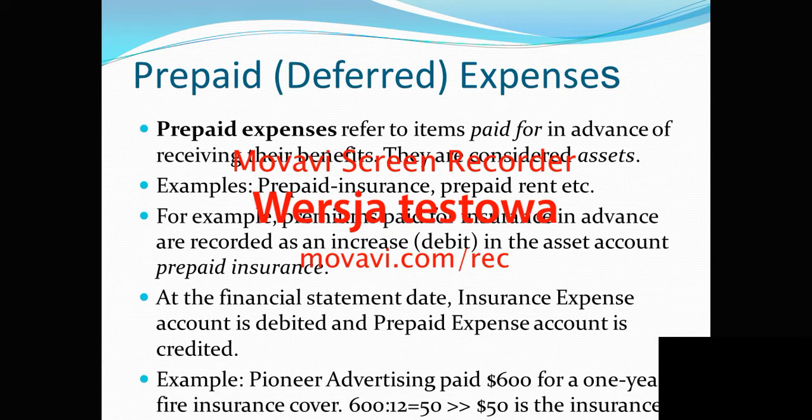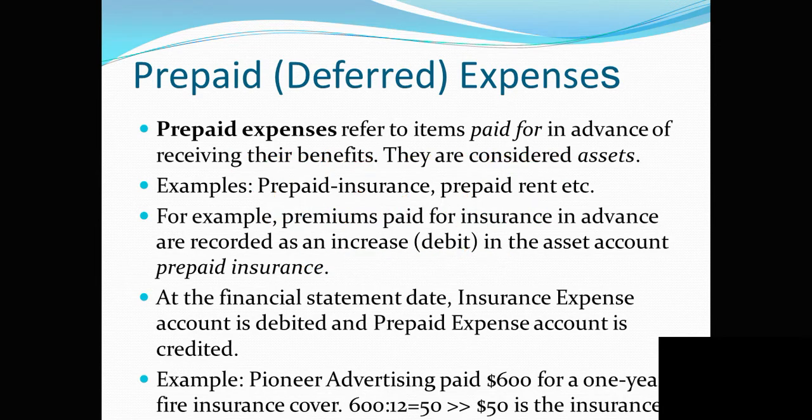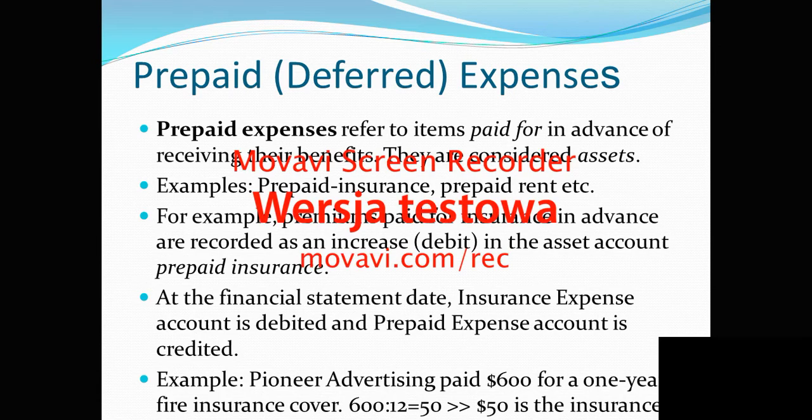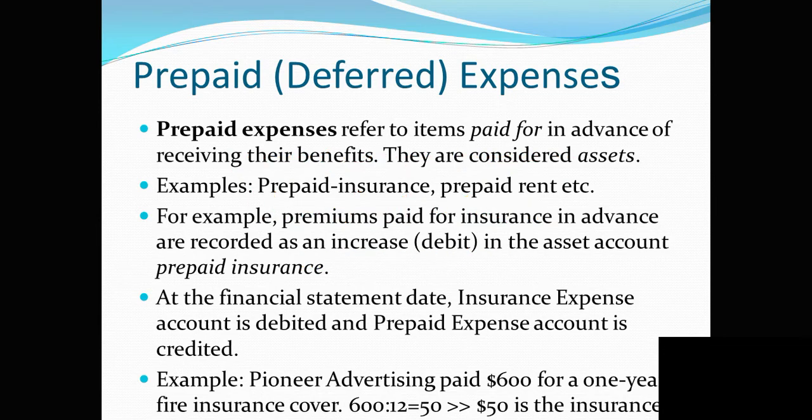For example, this is the explanation, right? At the financial statement date, insurance expense account is debited, which means that an expense is recognized, and prepaid expense account is credited. Prepaid expense is an asset account, so if an asset account is credited, it means that the amount decreases.